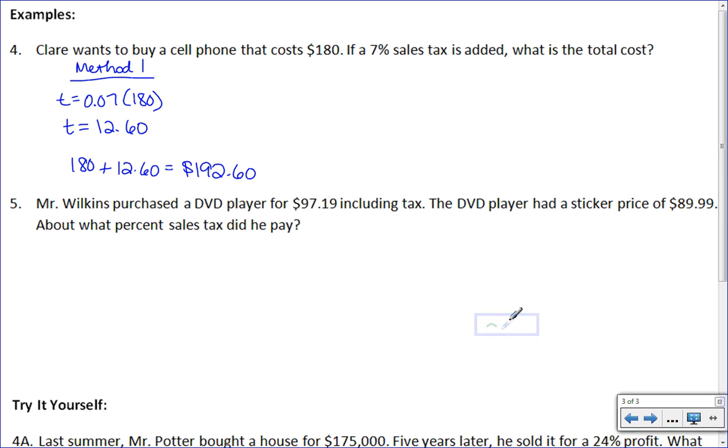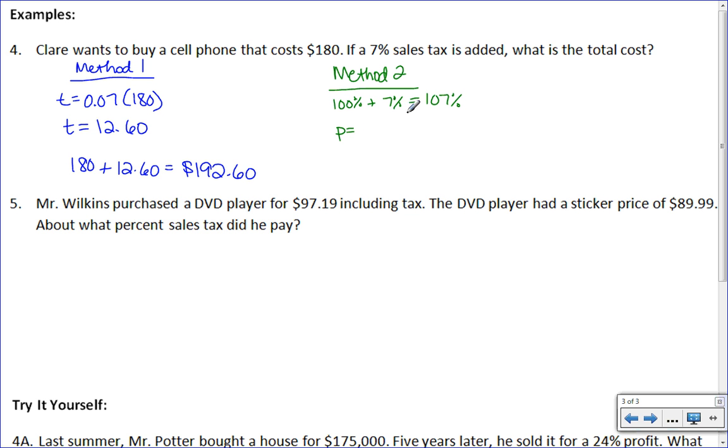Okay. The other method that you can use to solve this is to think of the sales tax as adding on to the original amount, which of course it is. So we're starting with 100% of 180, and we're adding in an extra 7% for sales tax, for a total of 107%. So now we can set up our percent equation to show that the price is equal to 107% of the original amount.